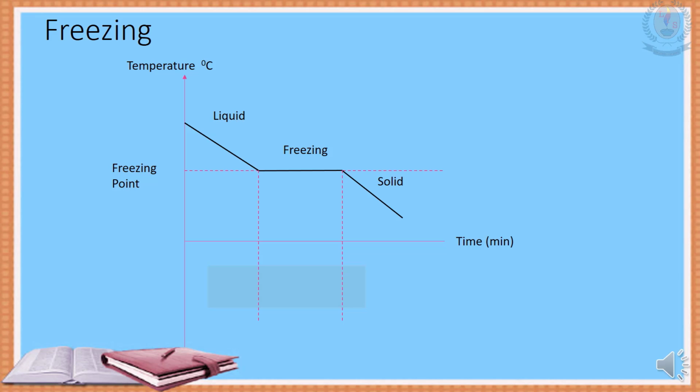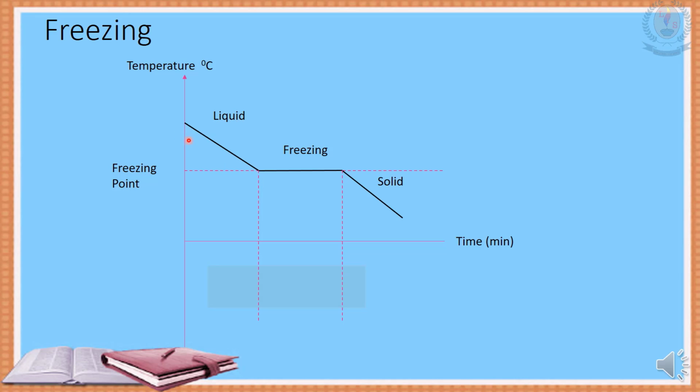Now let's see what happens to the particles as they undergo changes in state as a result of cooling. Here we can see a liquid. When it comes to the freezing point, what happens?